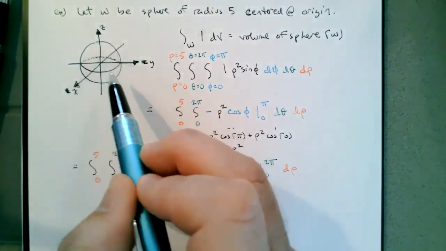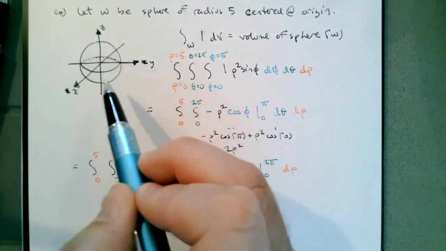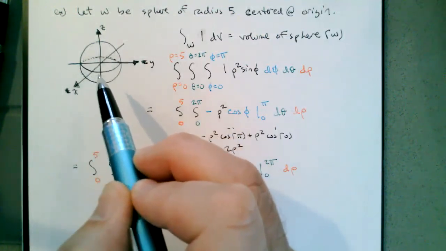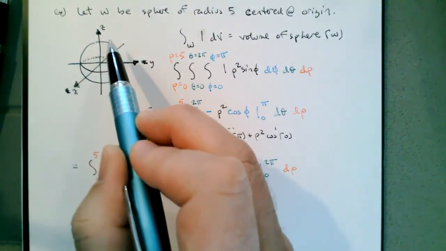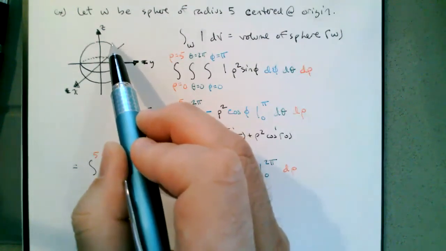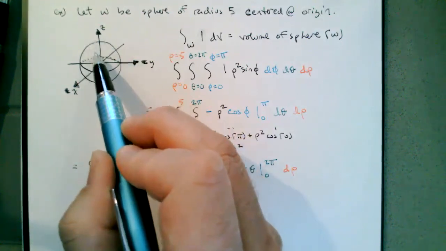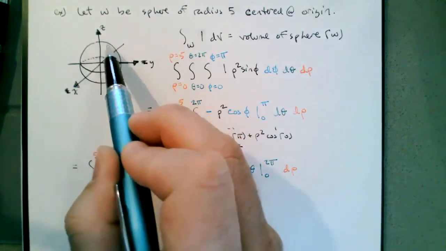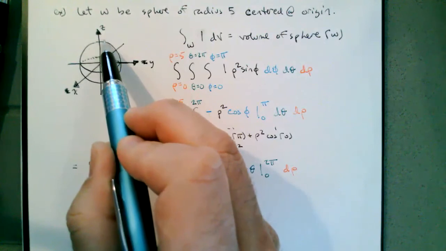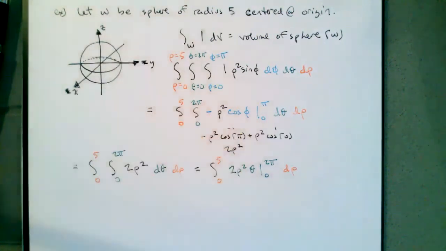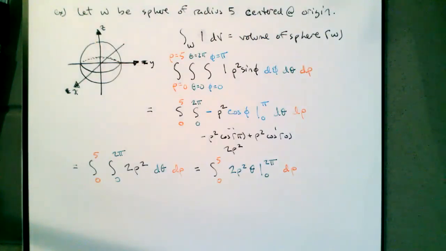So 0 to 2 pi is giving us this whole circle all the way around the xy-plane. So if I have, say, theta at pi over 4, when we integrate all the way around the circle, we're getting both sides. That's why I only want to integrate phi from 0 to pi, not 0 to 2 pi. Whereas theta, we need to integrate all the way around.